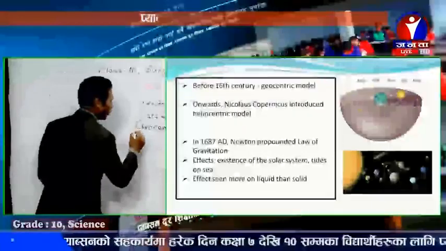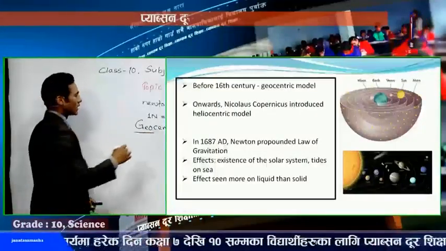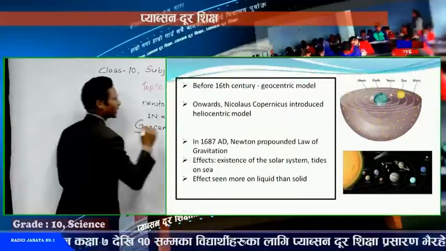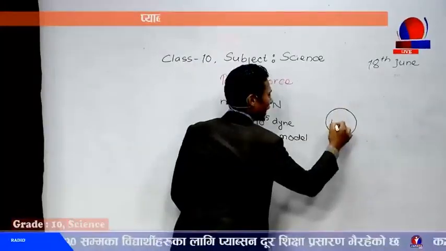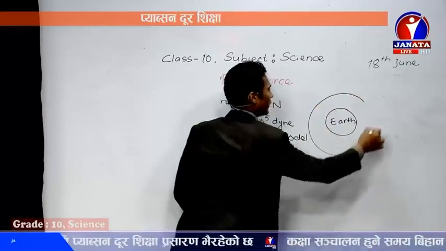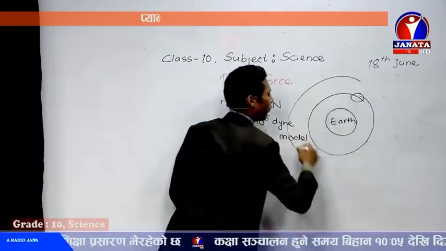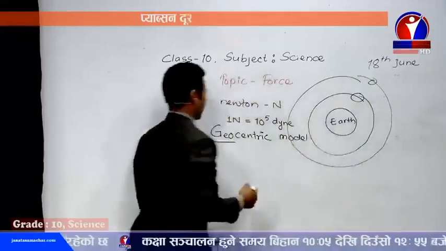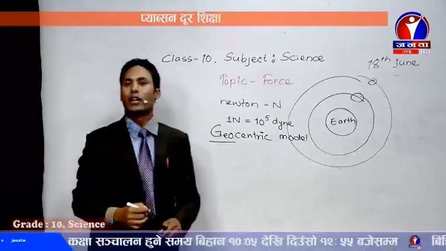Geo means earth, centric means center. So people used to believe that the earth is at the center, and other heavenly bodies revolve around the earth, which is called the geocentric model.